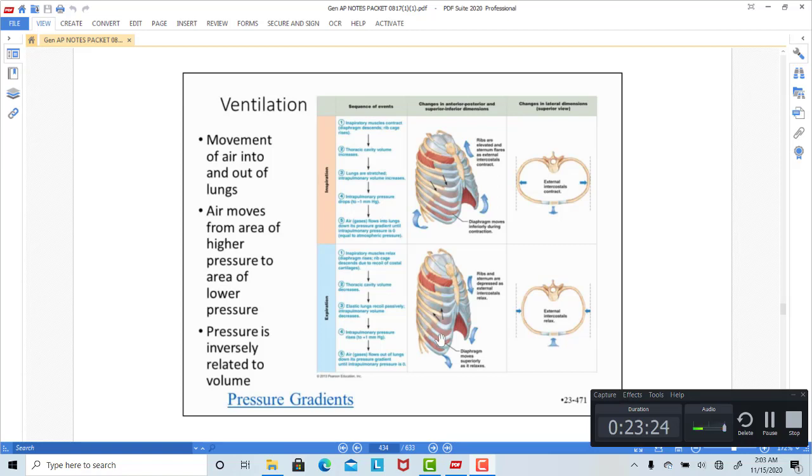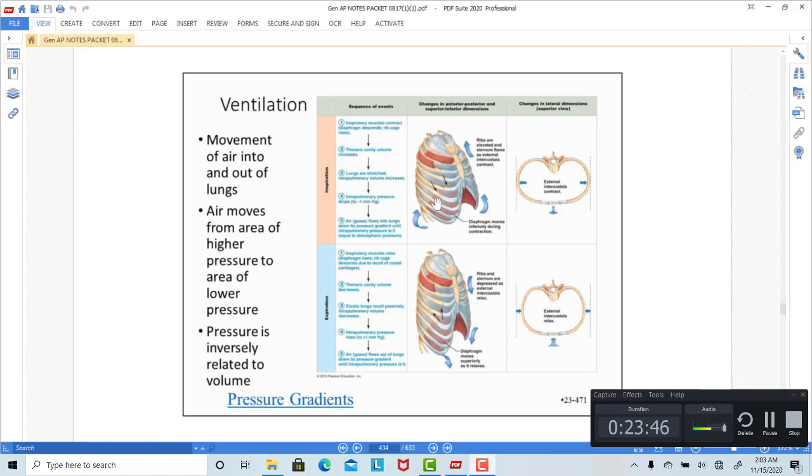So ventilation is just the switching back and forth of these muscles, contracting them to increase the volume and decrease the pressure, and air flows in. Then when those pressures are equal, as air fills that space, the pressure outside the body equals the pressure inside the body.